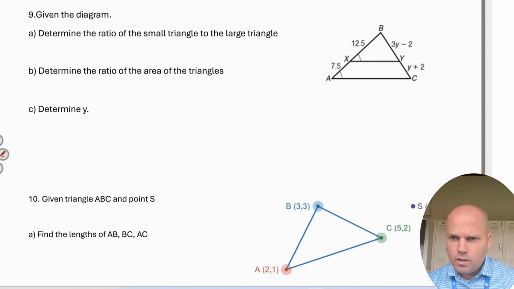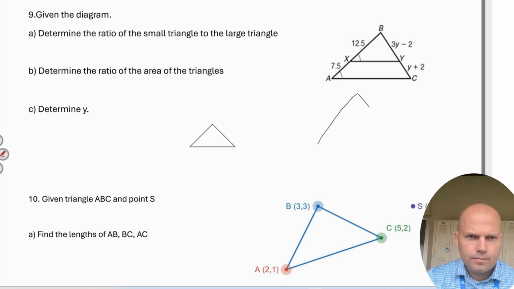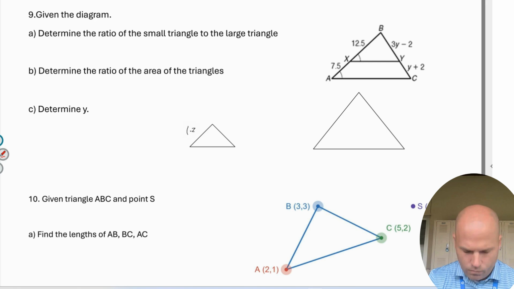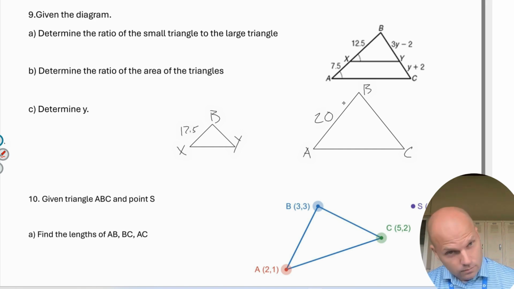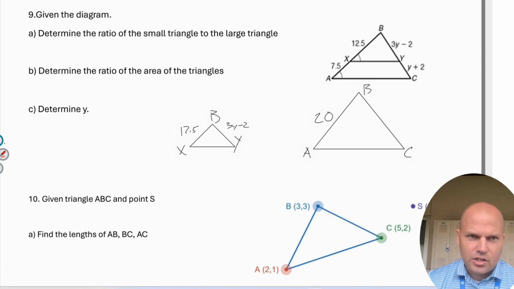All right, same one. Everything's kind of listed off for us. We got the small, the big. This is XBY. This is ABC. This is 12.5. This is 12.5 plus 7.5, which is 20. This is 3y minus 2.